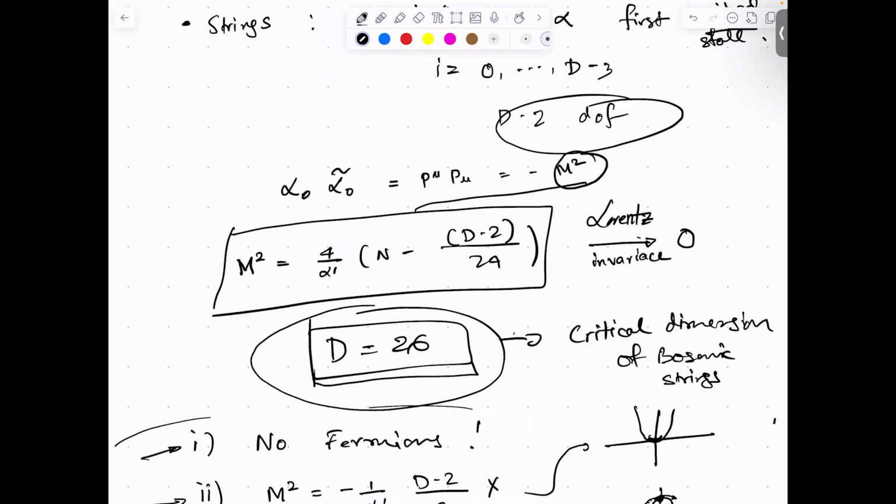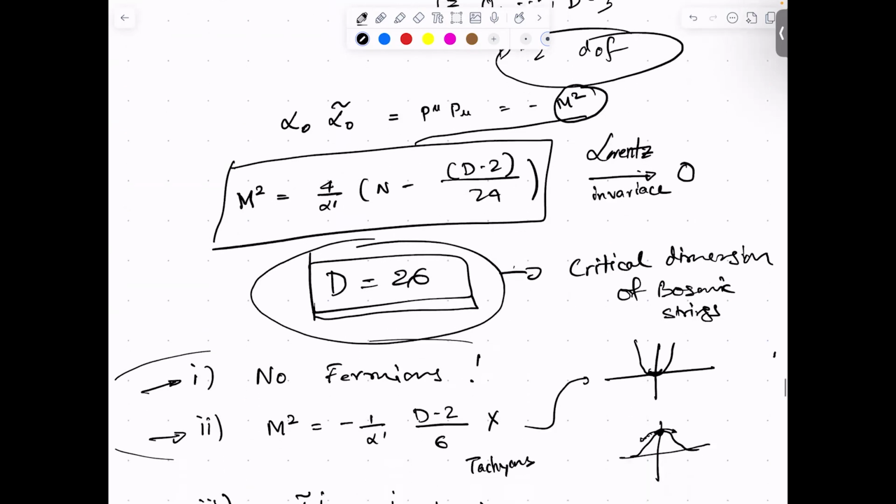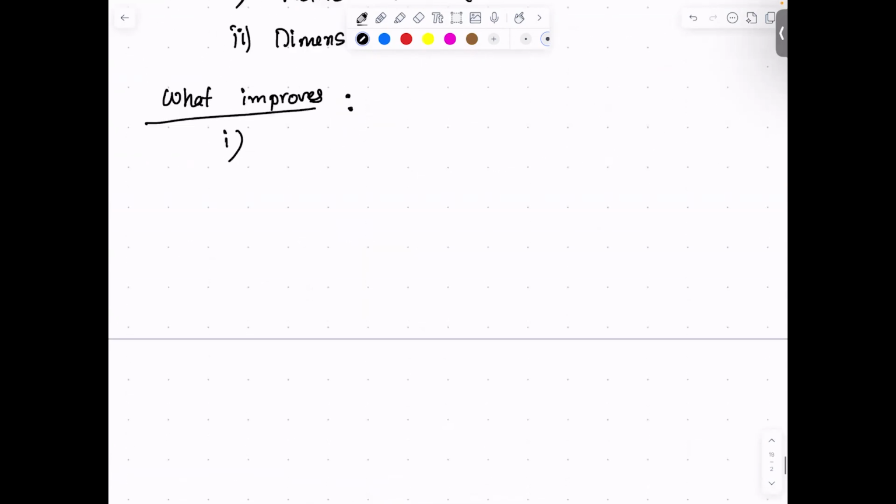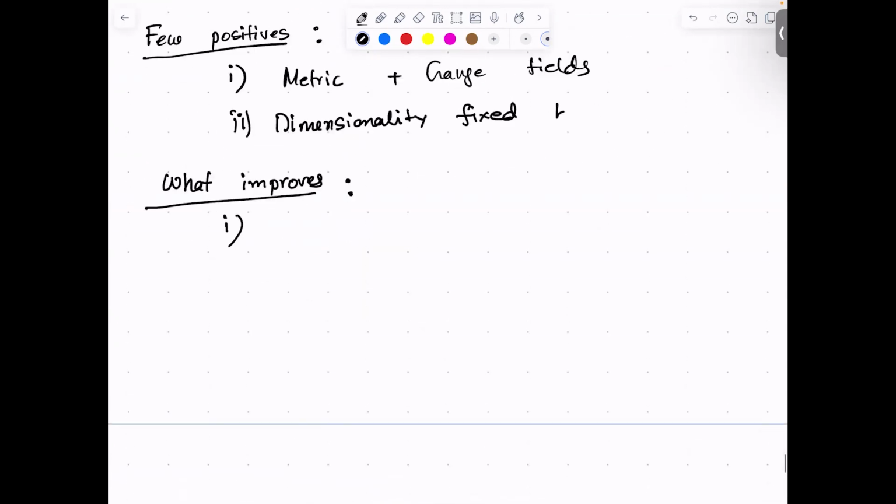Our theory should be Lorentz invariant. The requirement of Lorentz invariance fixes the dimensionality. Let me write this out. Lorentz invariance. This is a very beautiful argument. Those of you who have done a bit of group theory, check out the notes of Tong, where he gives a beautiful argument for how and why the dimensionality of bosonic strings becomes 26.